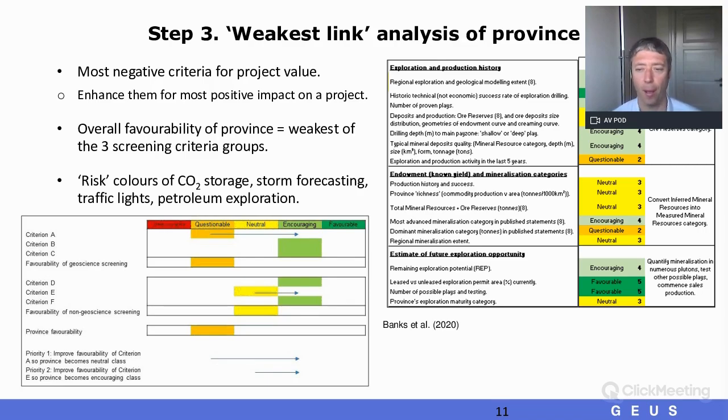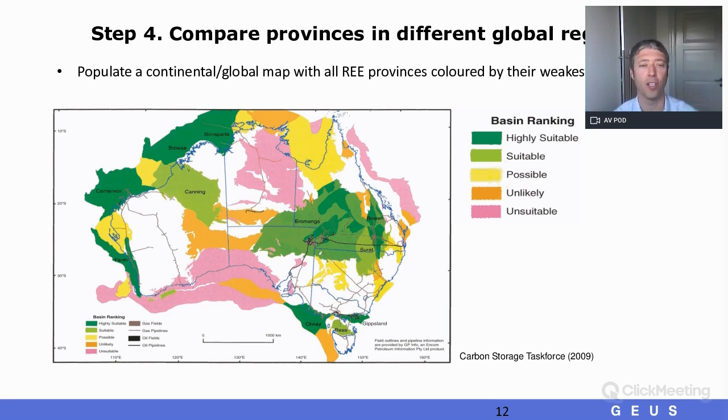So a familiar method to us all. What this will do is enable the organisation to start comparing rare earth element provinces on a continental or even a global scale by being coloured by their weakest link, which, as you can see here, has been standard practice for CO2 storage in Australia. It's also standard practice across petroleum exploration as well. So again, you're using risk maps rather than rock maps to communicate to the stakeholders.